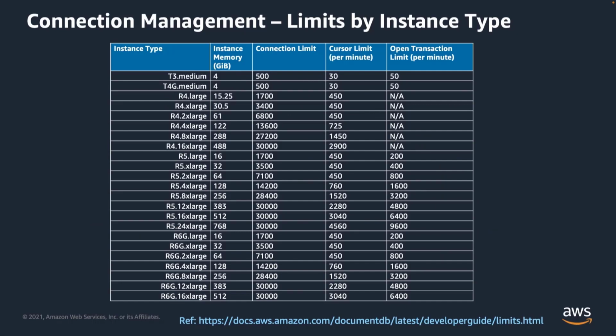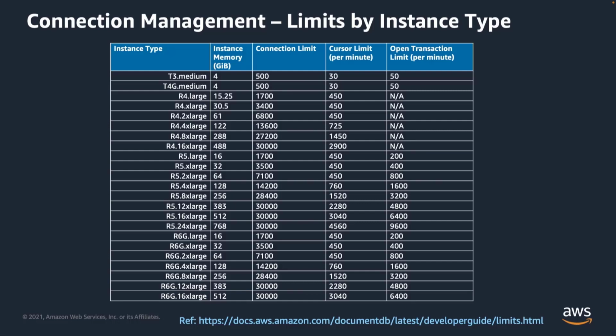This is a list of the instances that are currently supported with their corresponding connection limits, cursor limits, and open transaction limits. Let's take a look at T3 medium as an example. Let's say my write API takes about 500 milliseconds on average.